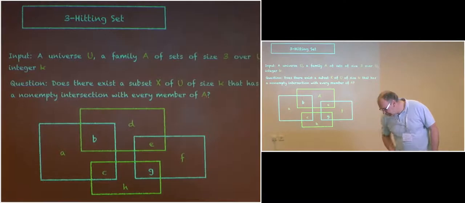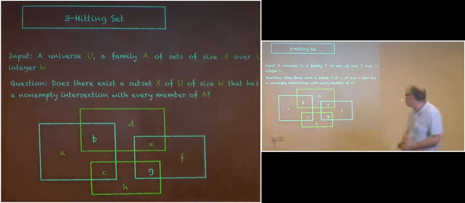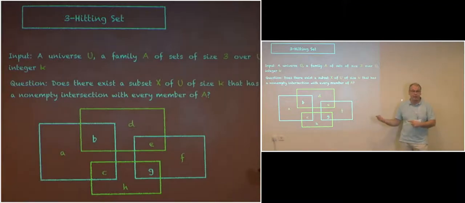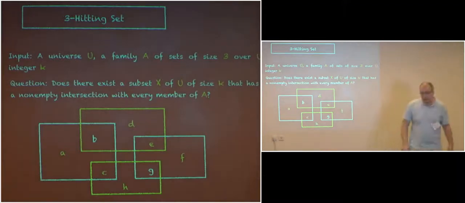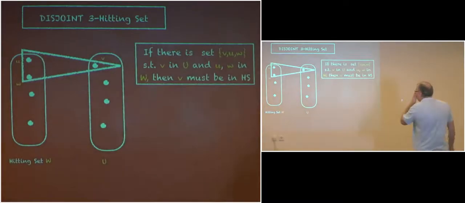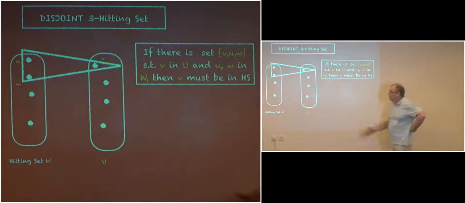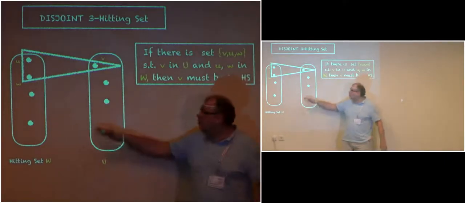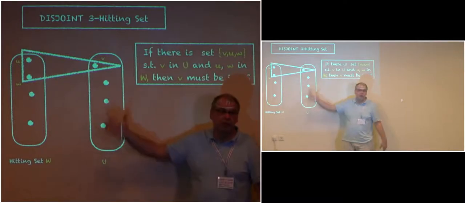And my last example is 3-hitting set. 3-hitting set is more general than feedback vertex set on tournaments, and we already know how to solve it in 3 to the k time. Let me do iterative compression here. I don't want to speak about the iterative steps anymore. The only thing I want to show you is how to solve the disjoint problem.